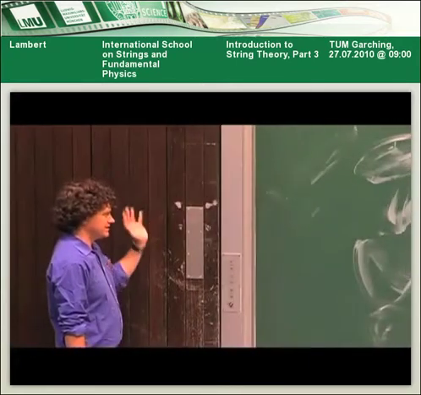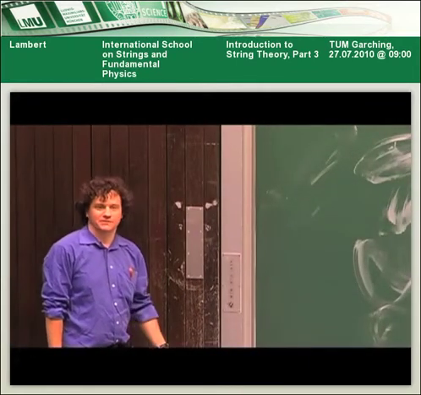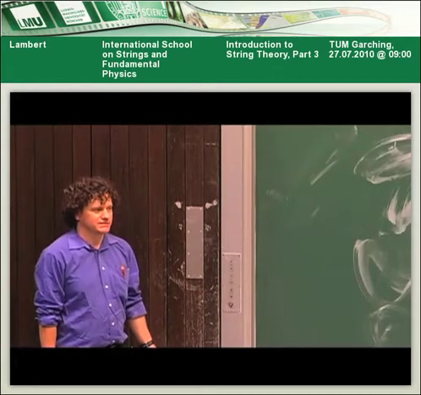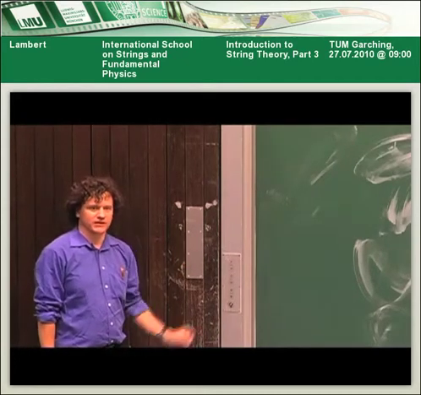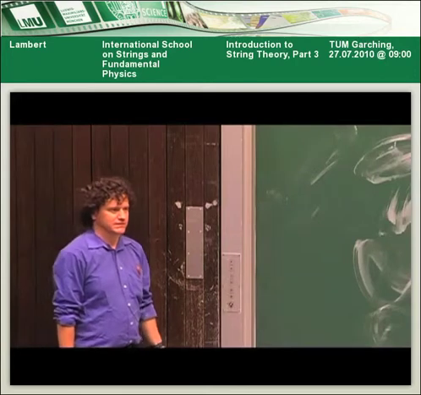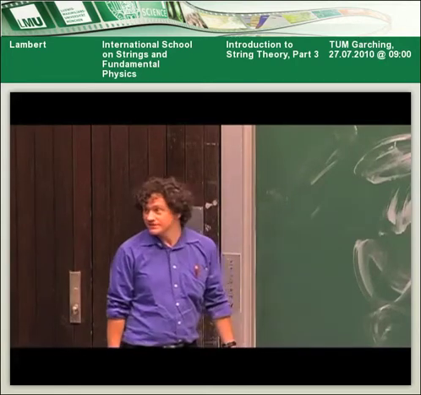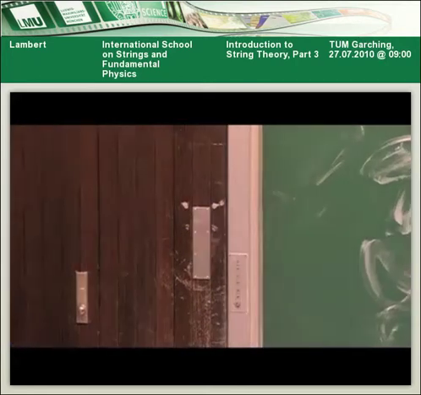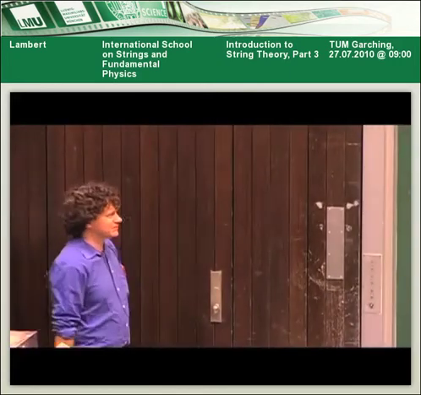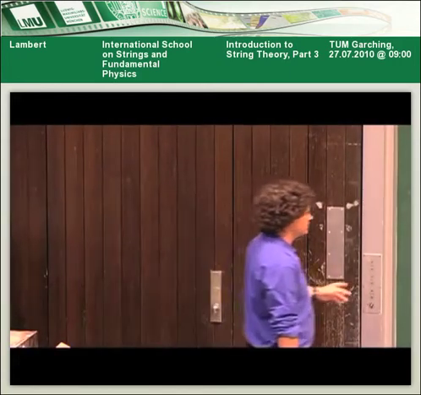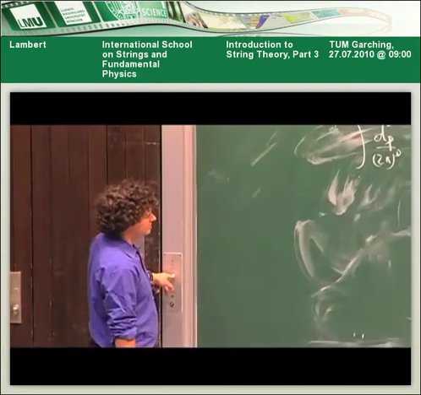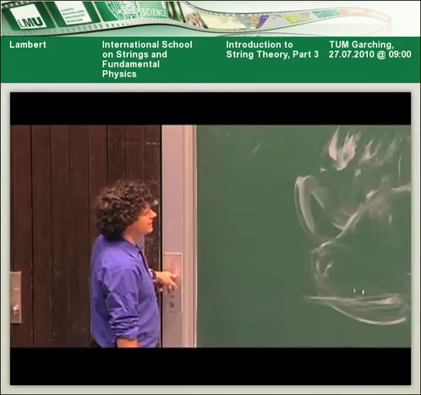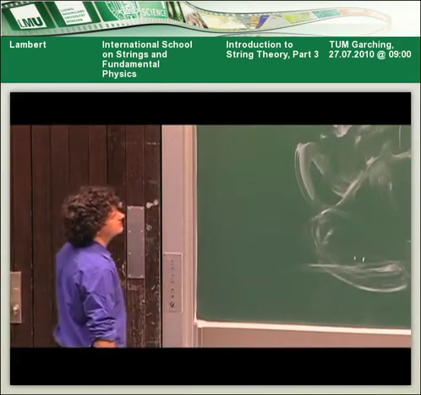I think it's astoundingly beautiful that one starts with a string and quantizes it, and in an open string out pops Maxwell's field. It's very nice. We didn't put it in. At no point did we say, I want to get Maxwell's equations out. You just get them. Okay, in a gauge-fixed form, but still.